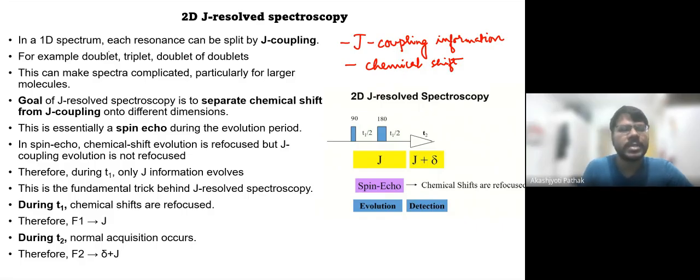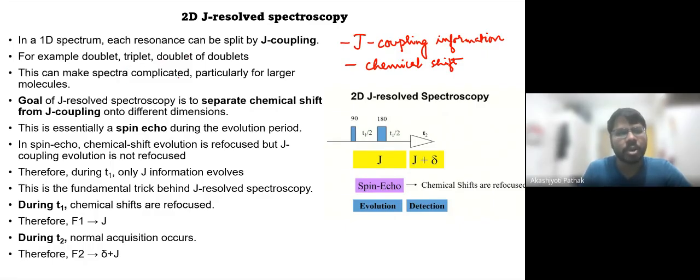In a 1D spectrum, each resonance can be split by J coupling, right? We had seen in the n+1 rule that the neighboring protons in the chemical environment of a particular proton can split it into doublets or triplets or a doublet of doublets.